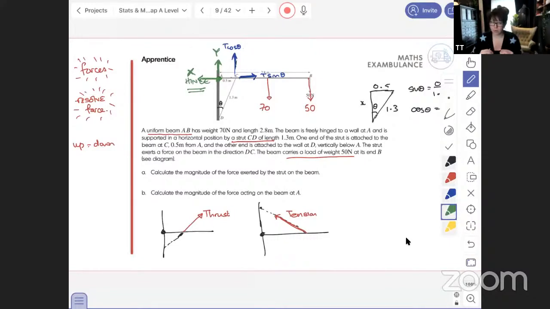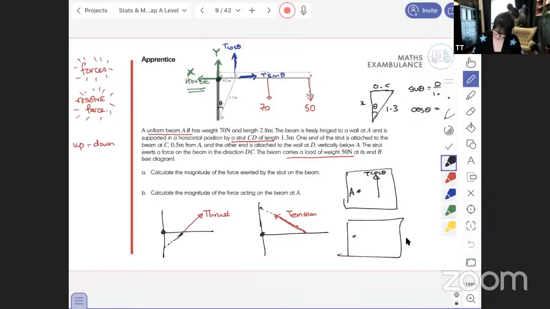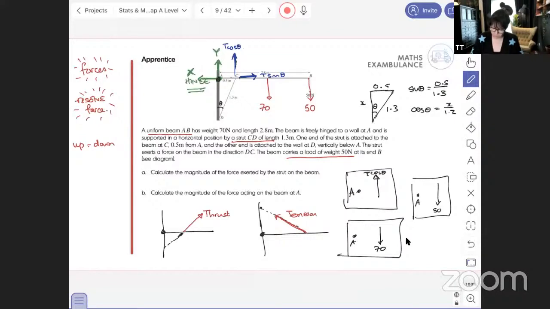And then moments. Now the point I would probably do moments around here is A. So let me show you what they look like. Individual one. Here's A. Here's the line of action of a force I need to take into account. Here's A. Here's a line of action of a force. Here's A. Here's the line of action of a force.